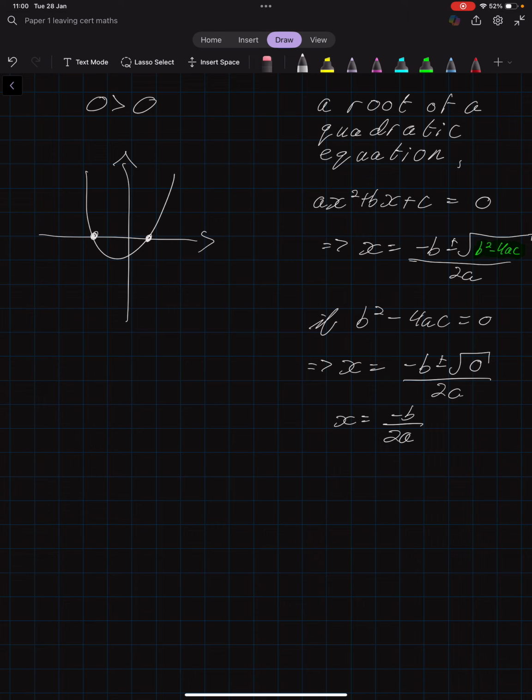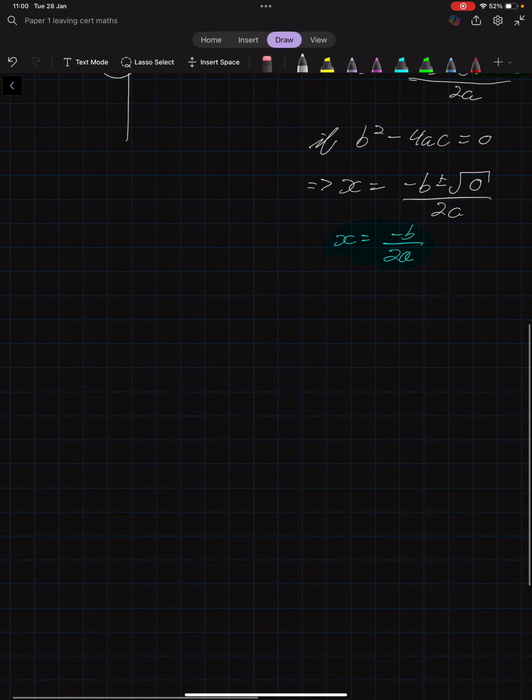Another thing to highlight is that for quadratics, this is the minimum or maximum x value for the quadratic.